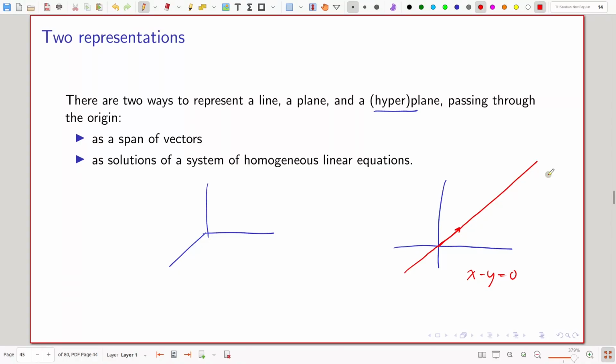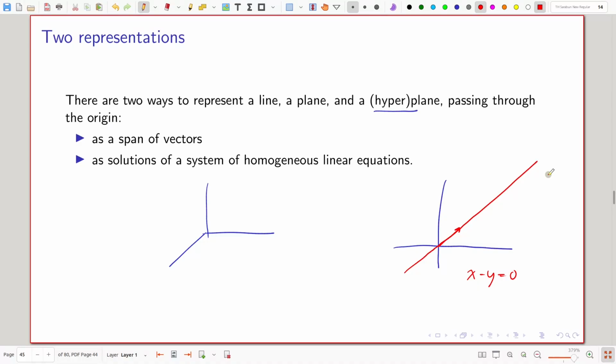When you look at the line, it's not just a line; it's a set of points. There are 2 ways to express this set. One is as a span, another as the solution of a linear equation.